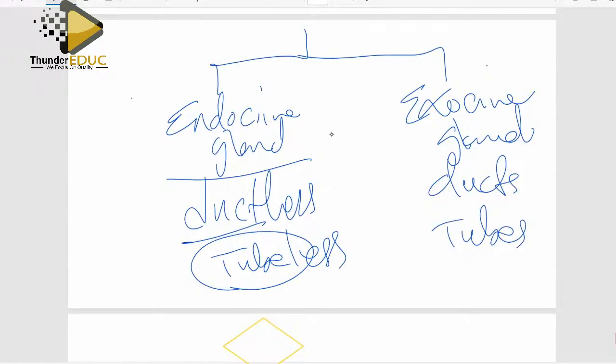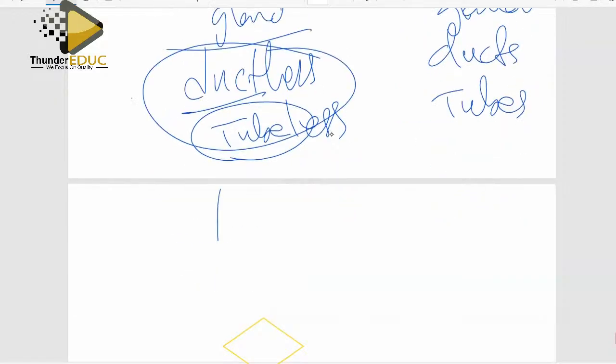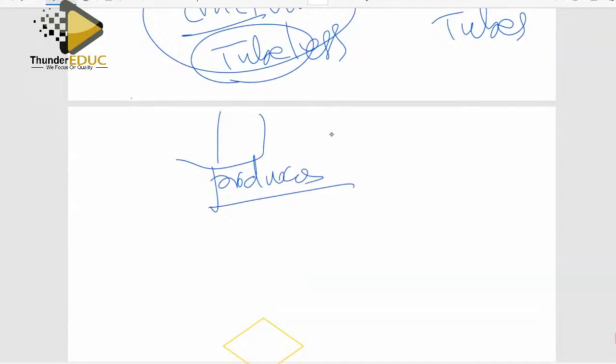What do they use the tube for? And why don't these ones have the ducts? It means that whatever they secrete, whatever they produce, is transported by blood.